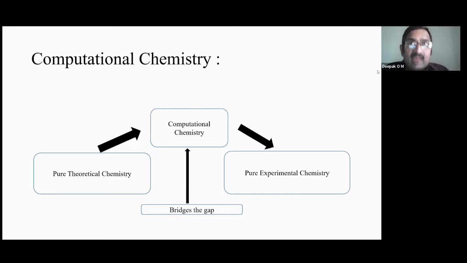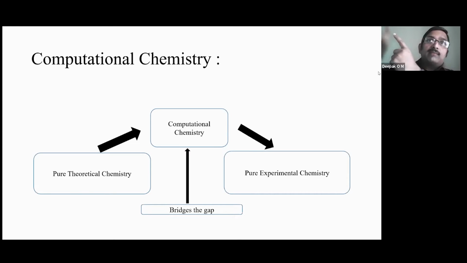The very idea in any branch of science is to understand systems and processes in nature. To understand those, we have these branches of science. So if, using mathematical principles from the fundamentals, you try to analyze the existence of systems in nature, you will be working with pure theoretical chemistry, majorly by pen and paper calculations.